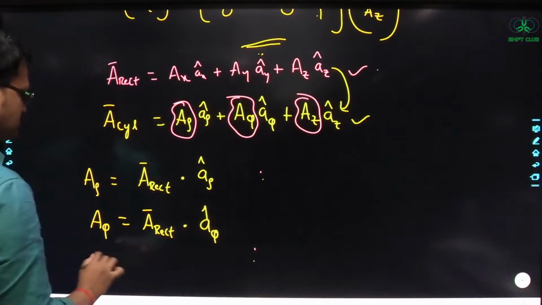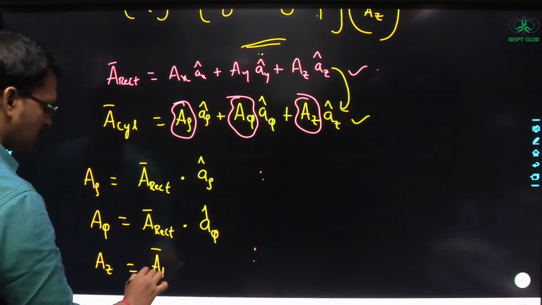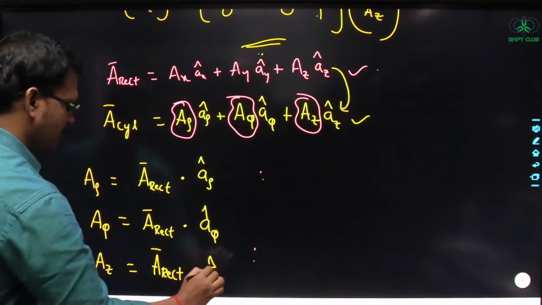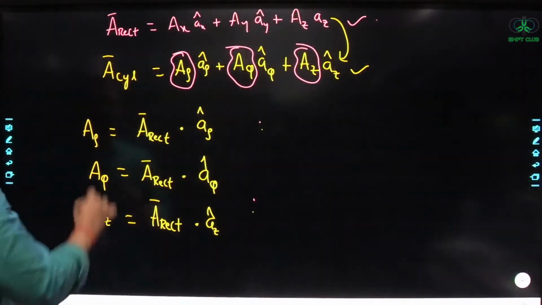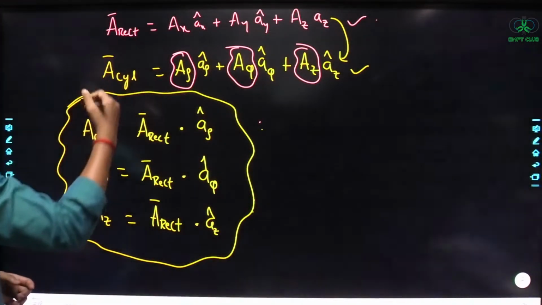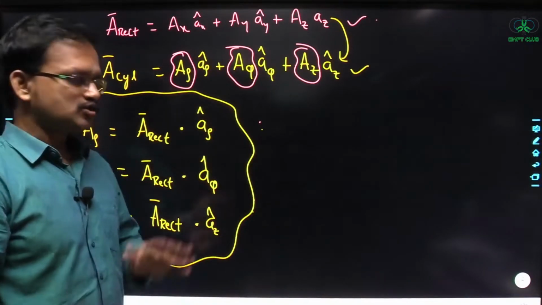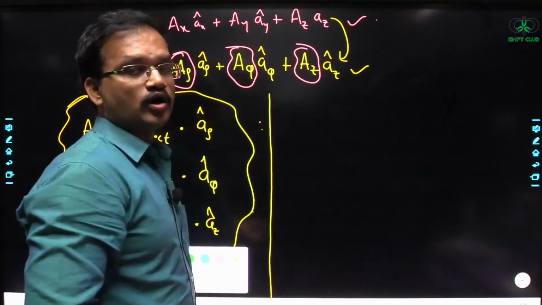And az will be the same as az only. You can take the vector and do the dot product with az cap, and you are going to get az only. So this is the way to convert rectangular coordinates into cylindrical coordinates.